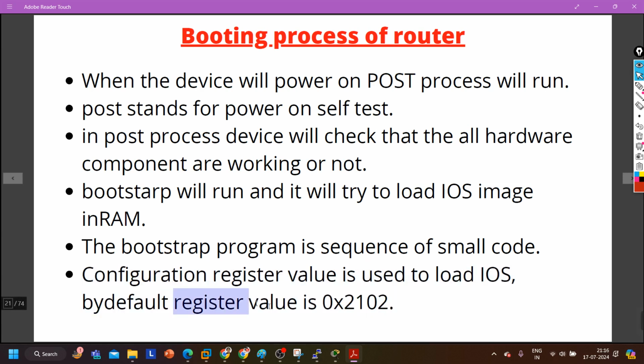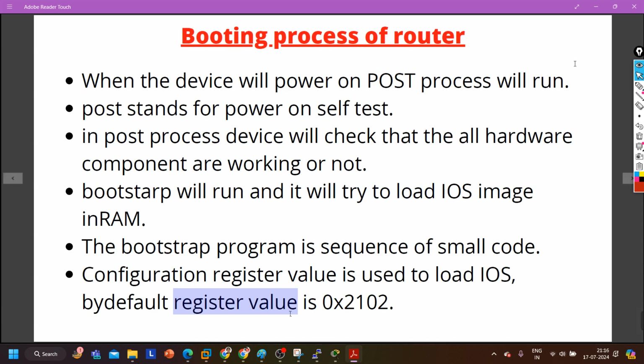Guys, what is the configuration register value? This is something which helps to work with the operating system, right? It helps to tell a router or switch how it should boot up. So if you want to change the booting behavior of your router, you need to change the register value.